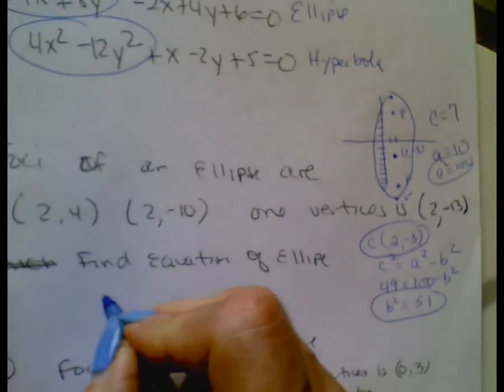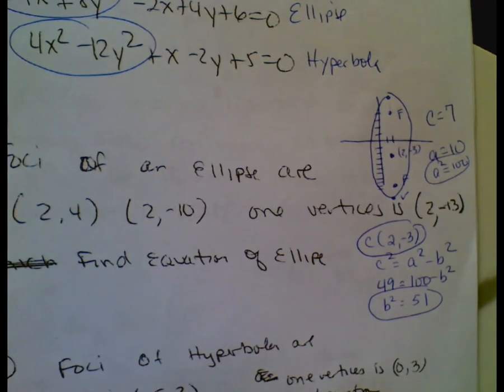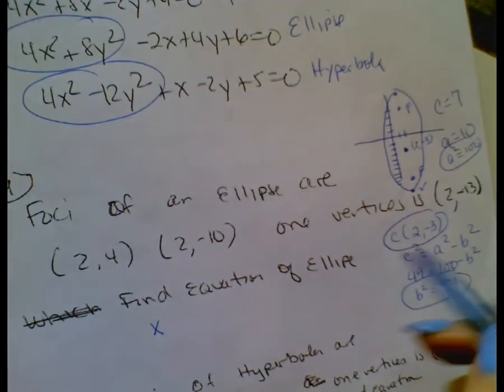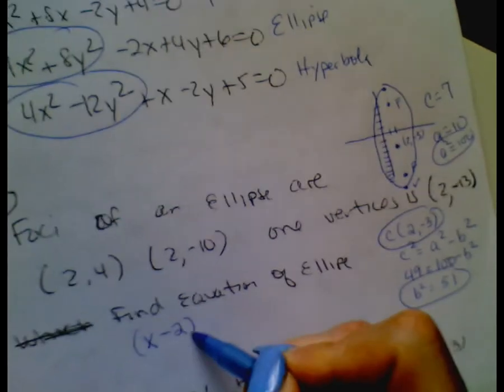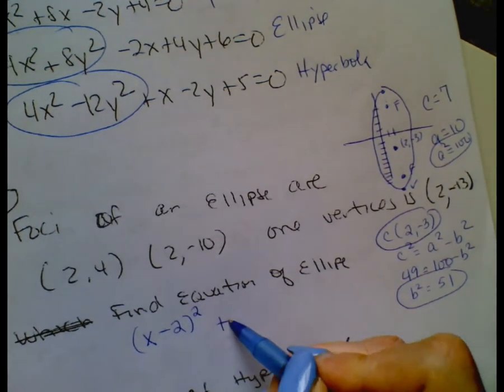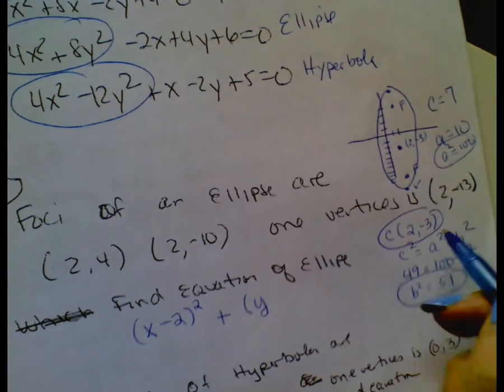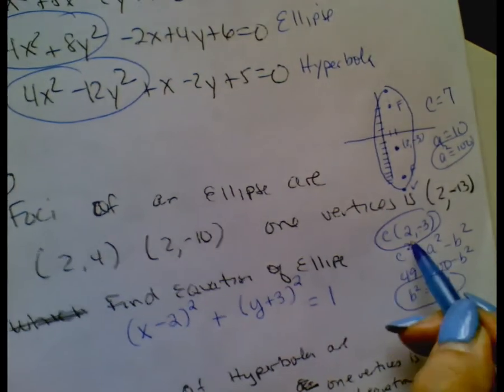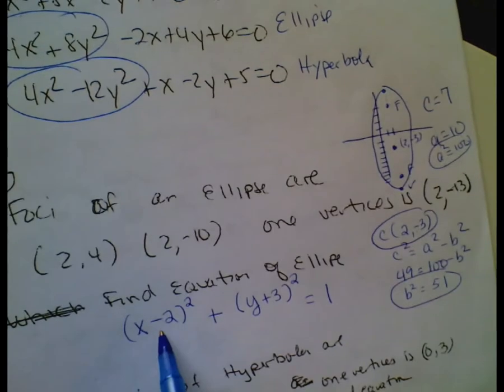So I'm going to write x. We have x center is 2, so (x minus 2) squared, plus, it's an ellipse, (y plus 3) squared. I'm taking care of the center first. So (2, -3) is the center, so that should be -2.